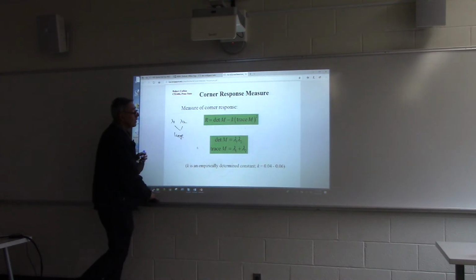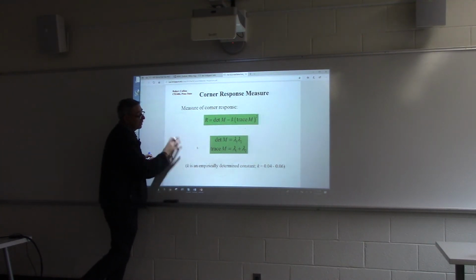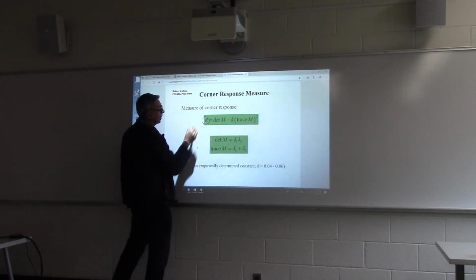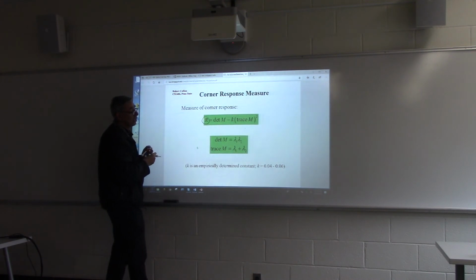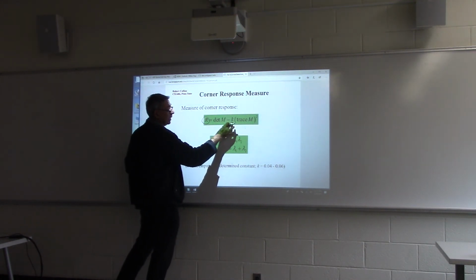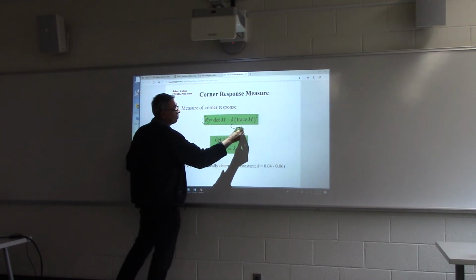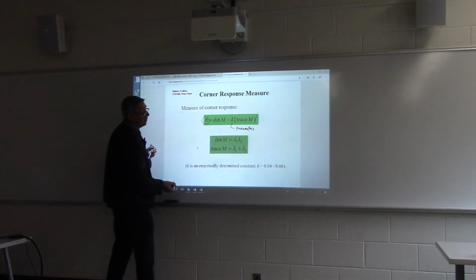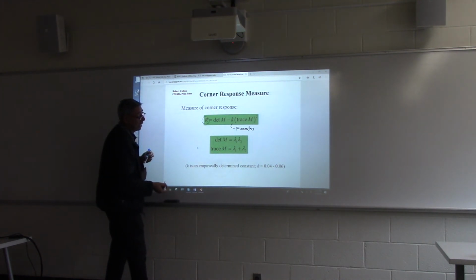The Harris corner algorithm defines a term called R as the response, which is the determinant of M minus k times the trace of M, where k is some parameter.